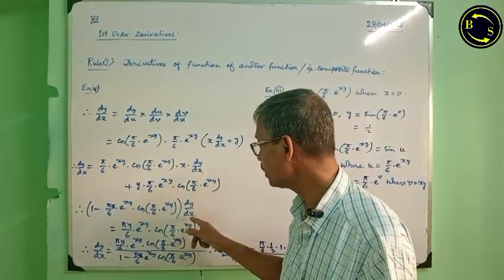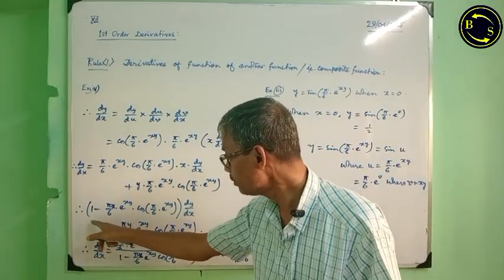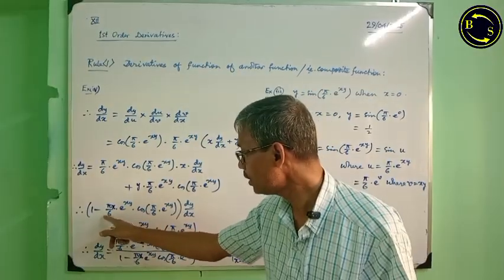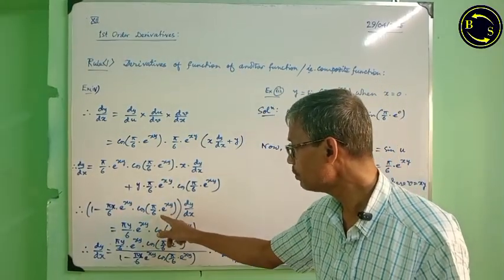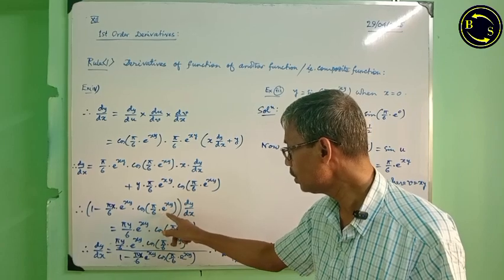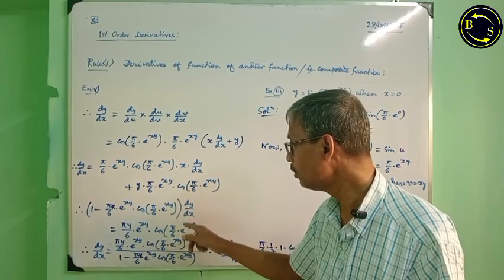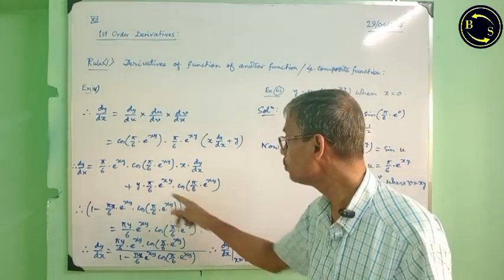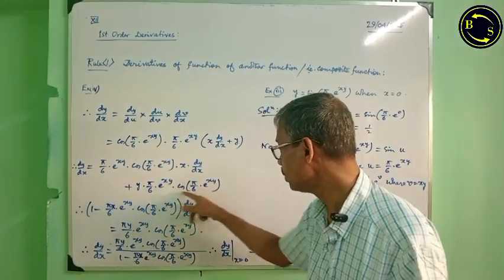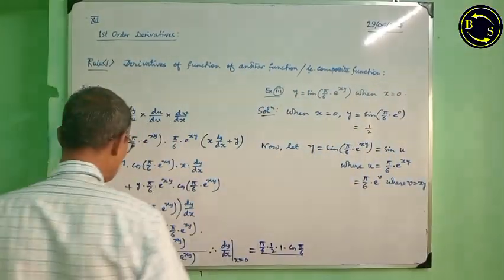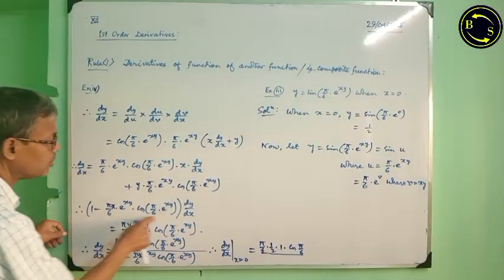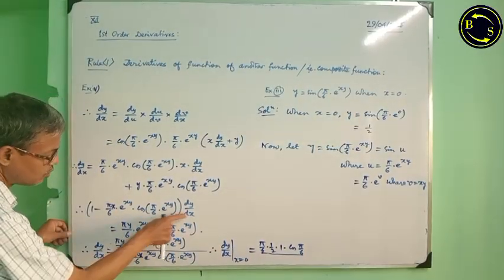After taking dy by dx as common factor, we shall get 1 minus pi x by 6 into e to the power xy into cos of pi by 6 into e to the power xy, whole into dy by dx equal to the right side. Then dy by dx will be equal to this divided by this one.